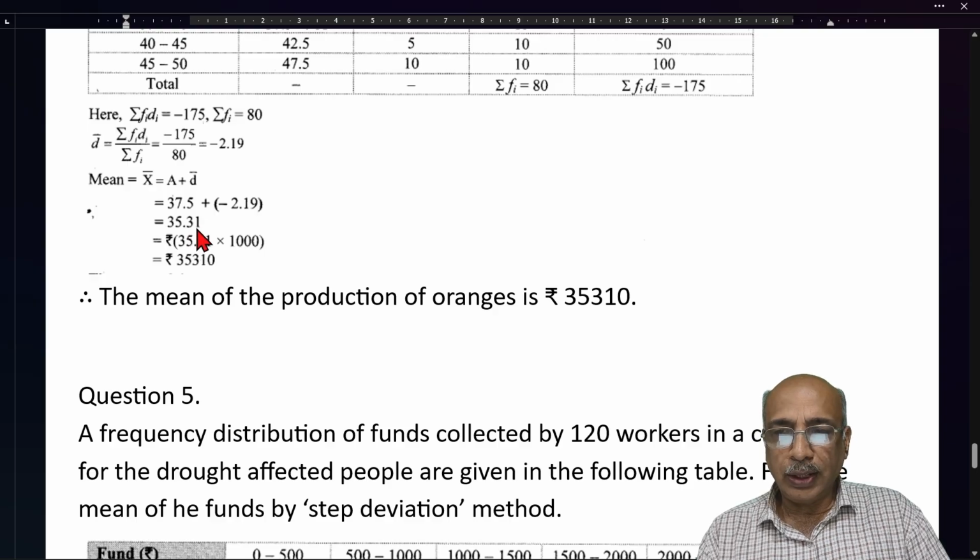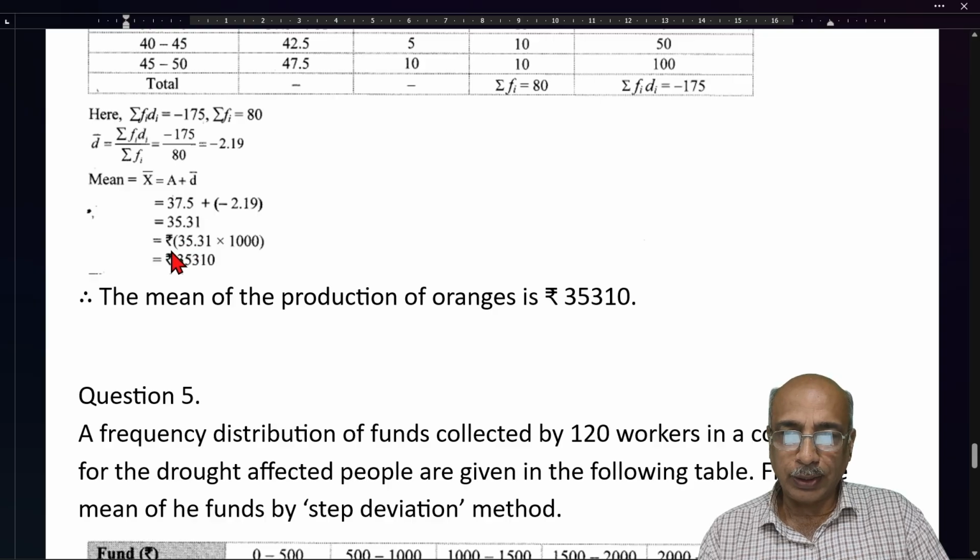But here you see the class interval was in multiples of thousands. Therefore, the answer will be rupees 35.31 into 1000, so equals rupees 35,310.